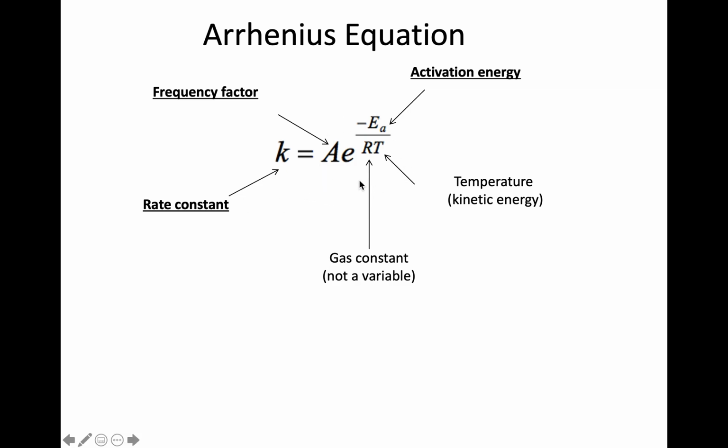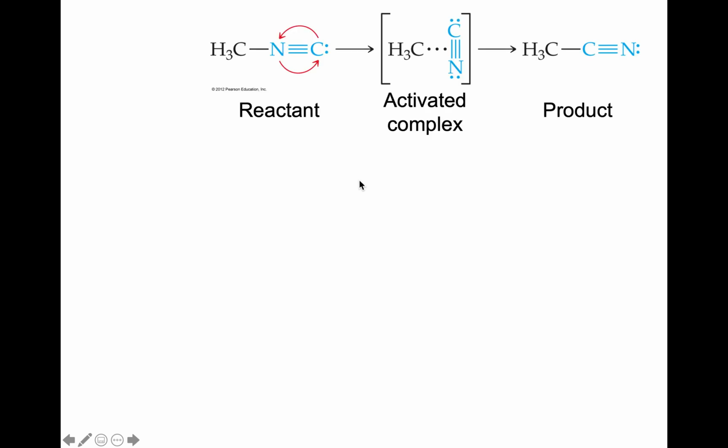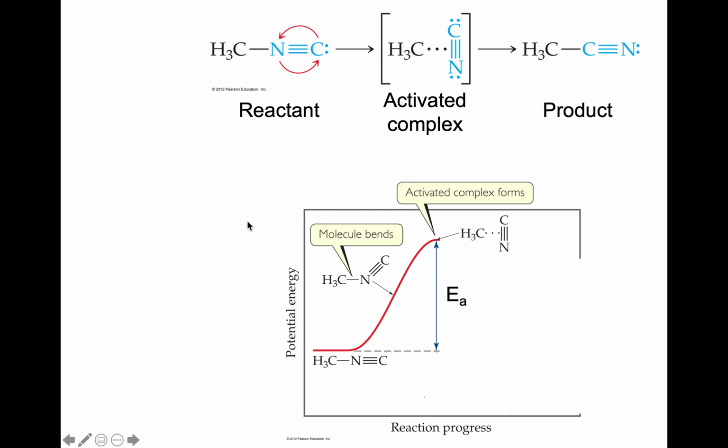How do these different parts fit together? Let's look at this example. Let's say this molecule here is considered the reactant. During the collisions, it leads to what's called the activated complex, and that could move on to produce the product. This would be a reaction progress diagram for that in terms of the potential energy. We have the initial molecules present.